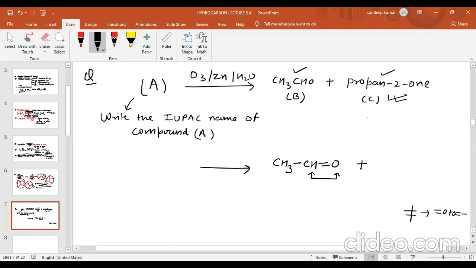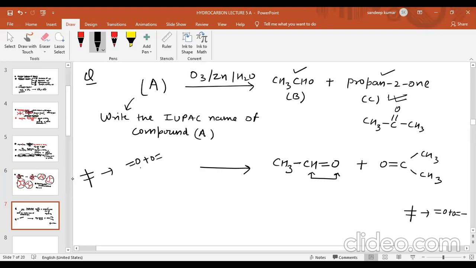So propane-2-one is basically CH3, C double bond O, CH3. So propane-2-one is like this: C double bond O, and CH3 and CH3. Now when the double bond breaks, it gives double bond oxygen on both sides.